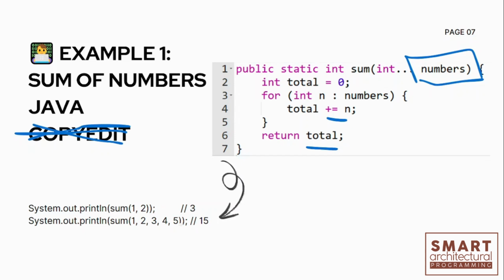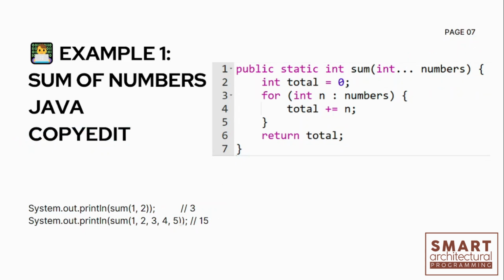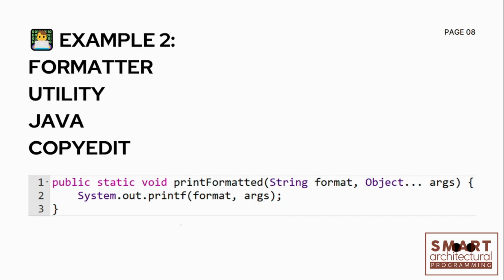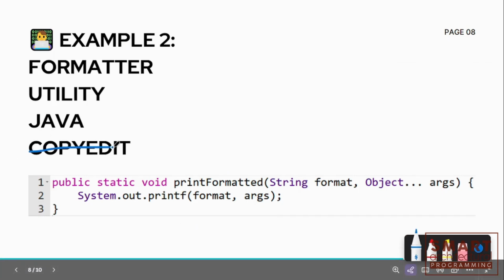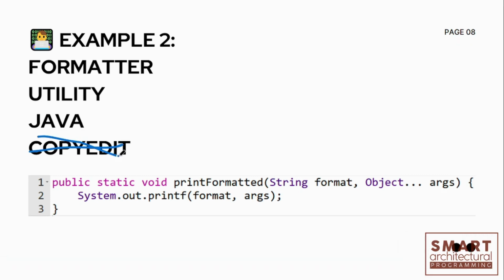So then another example that you might want to look into is the formatter utility in Java. But yeah, on the formatter utility, as you can see in the code here, we print formatted. We have a string format which tells us what format we need to print, and then we have object args.